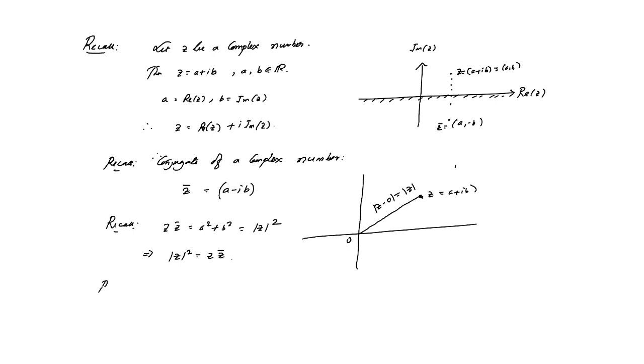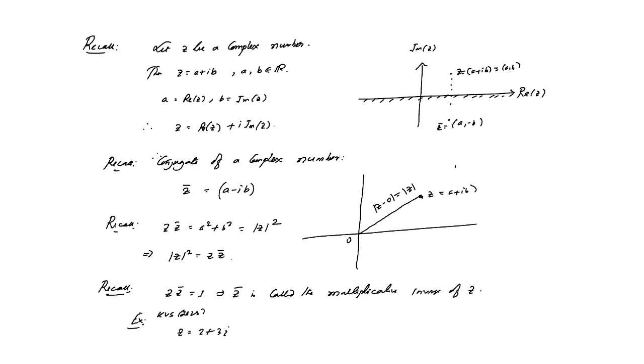And here one thing is important, the next recall: if Z times Z bar equals 1, then Z bar is called the multiplicative inverse of Z. As an example, take the question paper given in KVS 2023: Z equals 2 plus 3i.